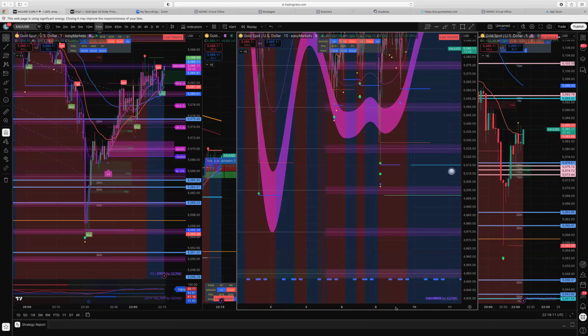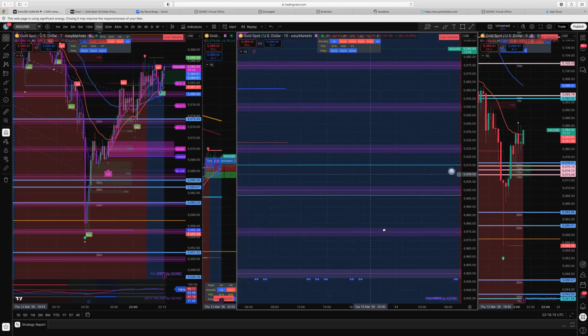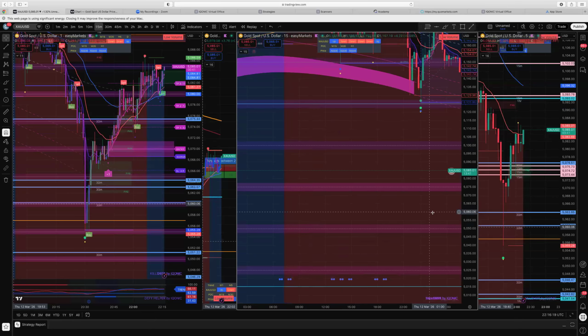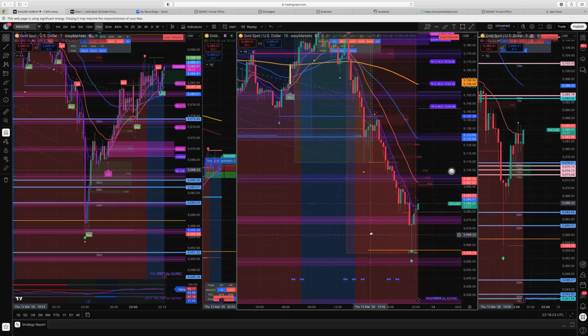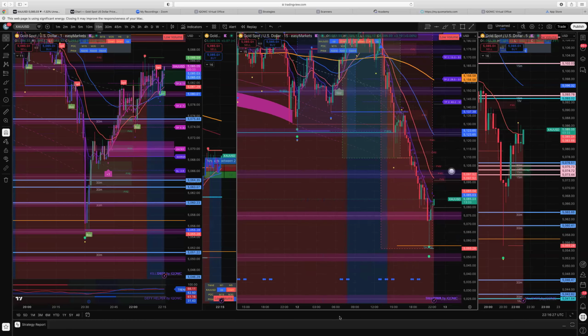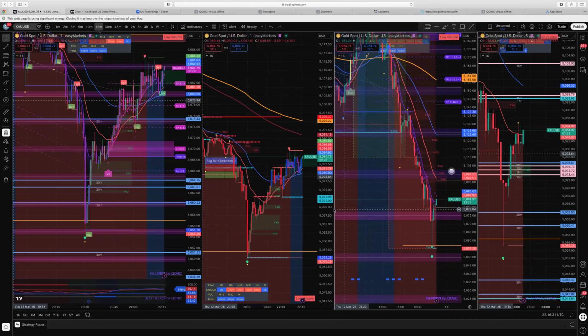Right? So market will always come back and take what they see is theirs, when in actual fact it's ours because they're using our money, right? They're using everyone's money. So always know that.